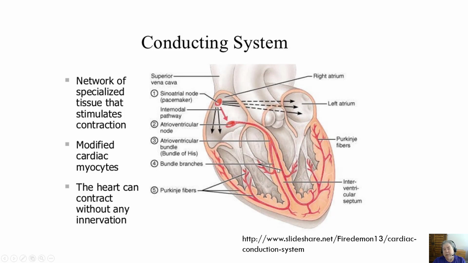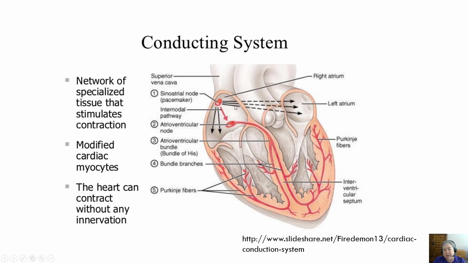Then to the bundle branches, left and right, and then into fibers that extend throughout the ventricular muscle that are called Purkinje fibers. So this impulse coming through this tissue now causes contraction pretty much all at the same time of the ventricle.